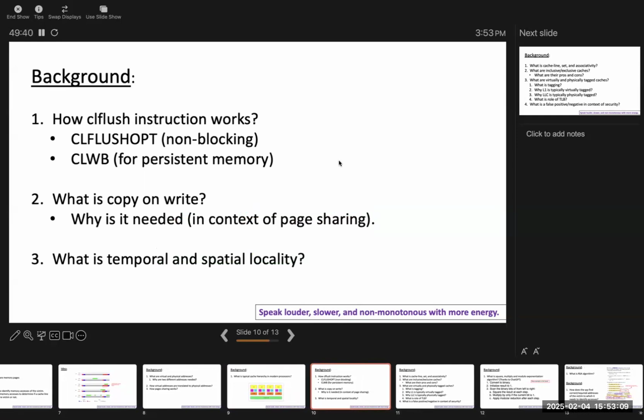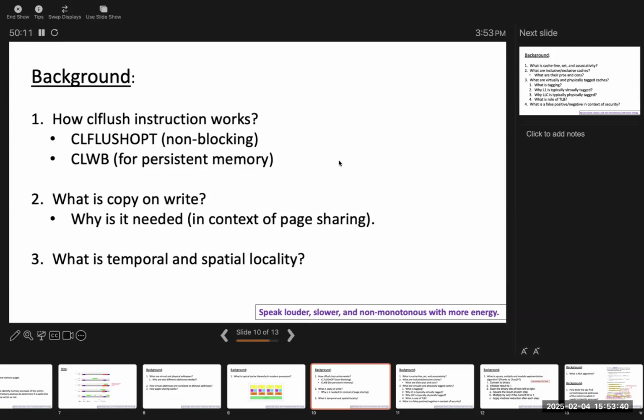The issue with CLFLUSH is, let's say I have my program with a bunch of instructions, then I have CLFLUSH with an address, and then some other instructions. These following instructions cannot execute until the CLFLUSH instruction has completed, which basically means until the data I'm flushing has been written down into the memory.